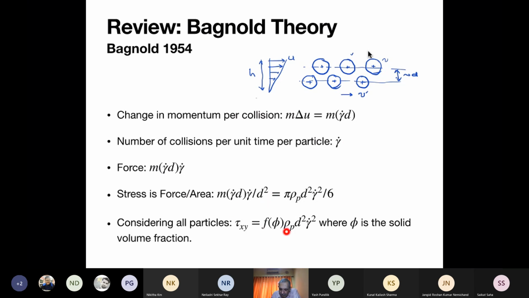And so if you simplify everything, you get one key and very important result, that the shear stress is proportional to the velocity gradient squared. And this is really known as the Bagnold stress.